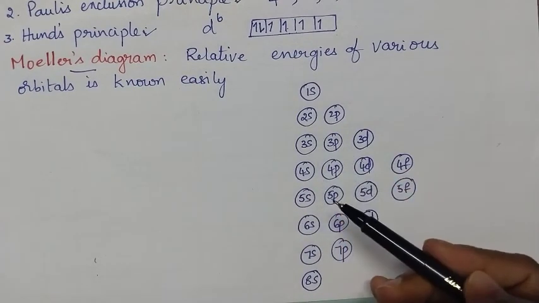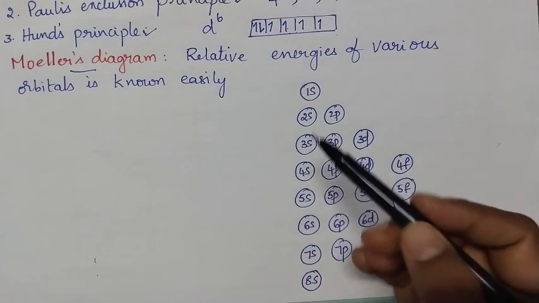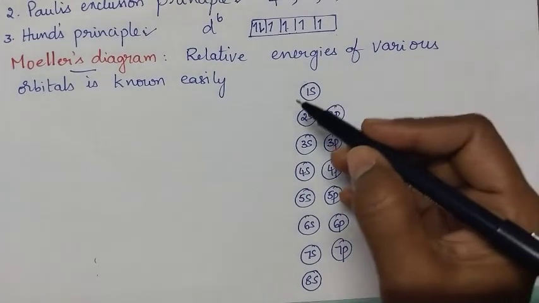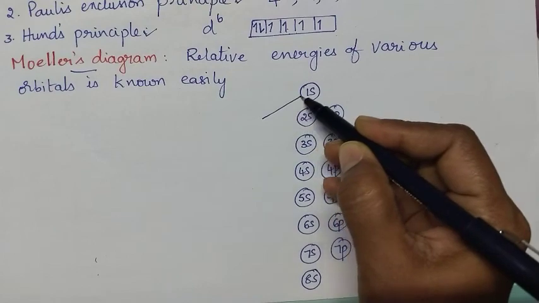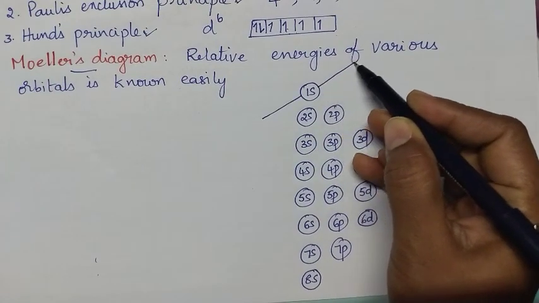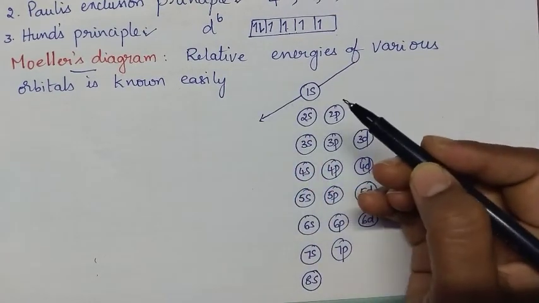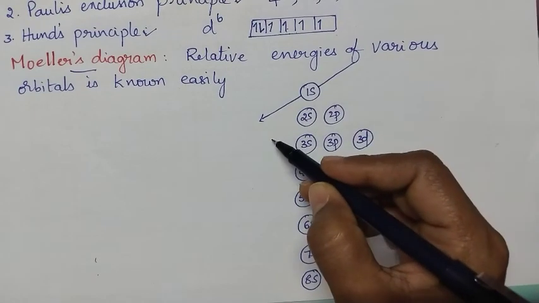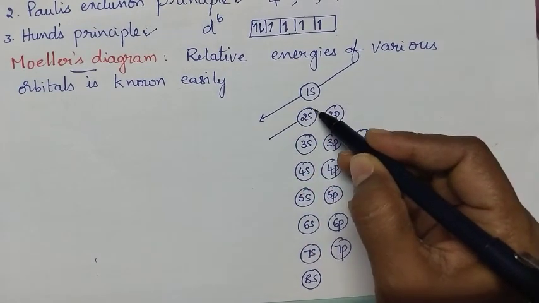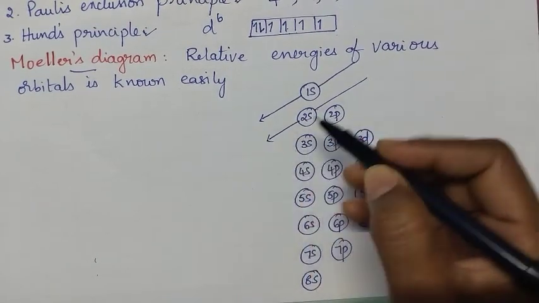Initially we have to write the slanting lines, and we have to start from the right hand side to the left hand side while writing the slanting line. So, let us represent the slanting lines.